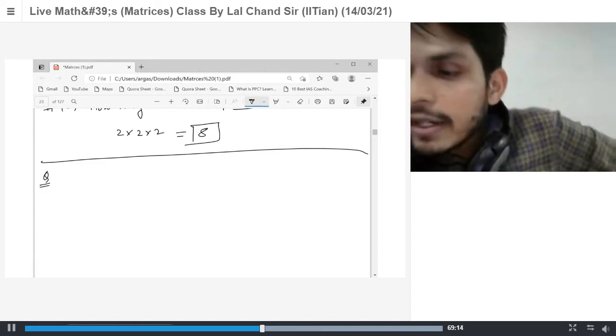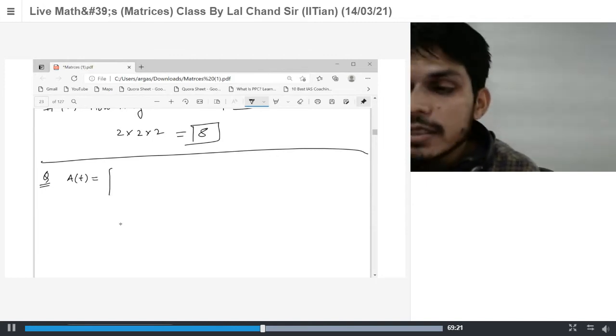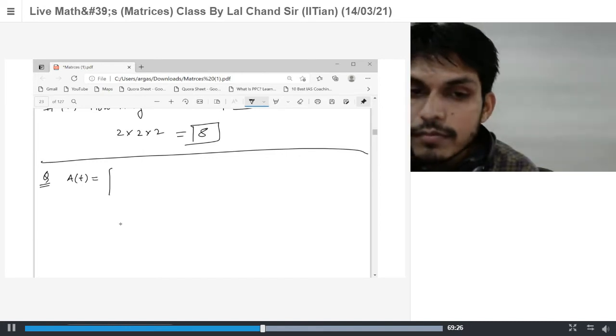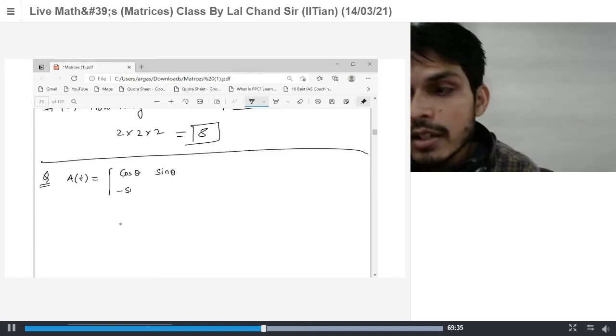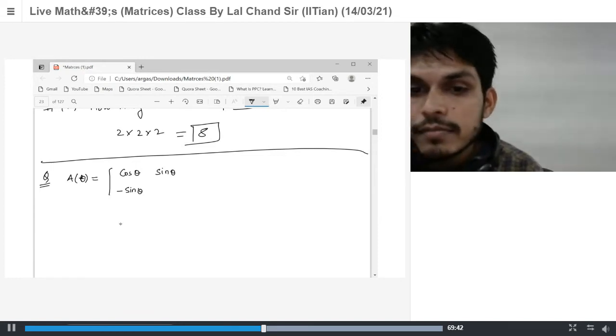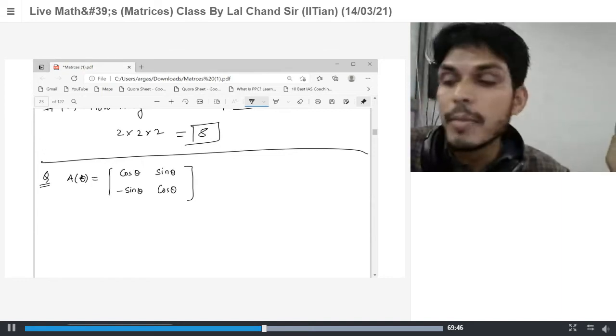So I have a matrix A theta. This value is given to us, that is cos theta, sin theta, minus sin theta, and cos theta. This is the value of the A theta matrix.